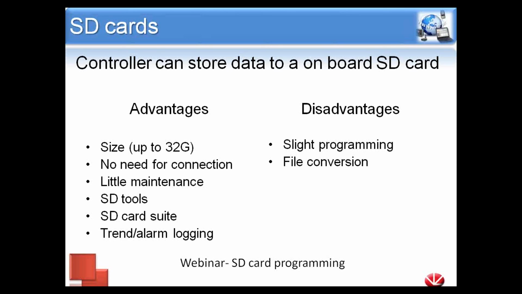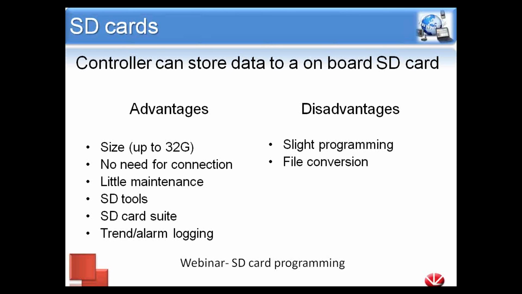We basically set up the SD card and we set up the ladder logic to tell us when to save to the SD card. And we can leave the controller for a month, 2 months, a year, and when we return, all the data will be saved to the SD card. There is no need for a constant connection.